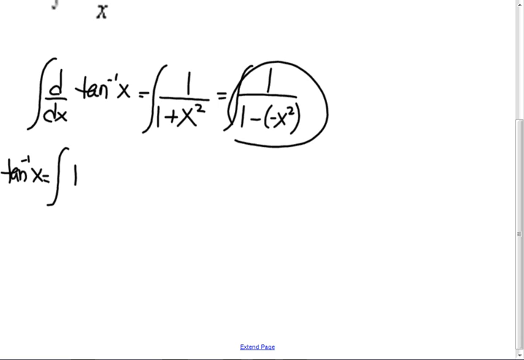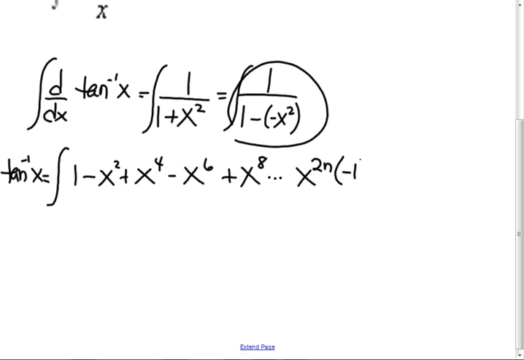So it's 1 minus x squared plus x to the 4th minus x to the 6th. Am I doing it right? I make mistakes. Is that right? It's the geometric one. I'm just getting inverse tangent.